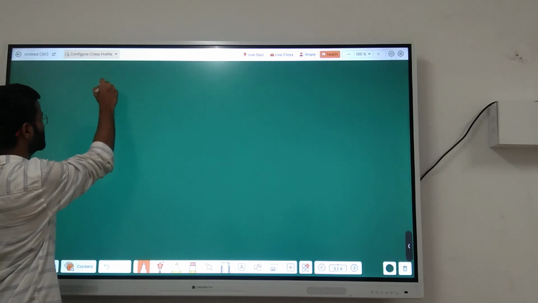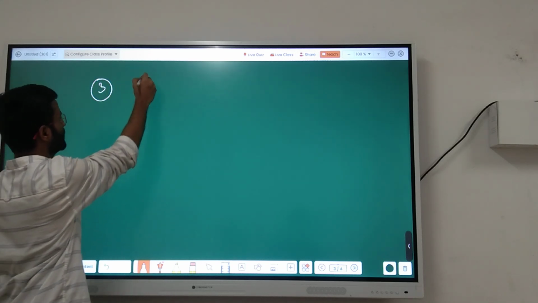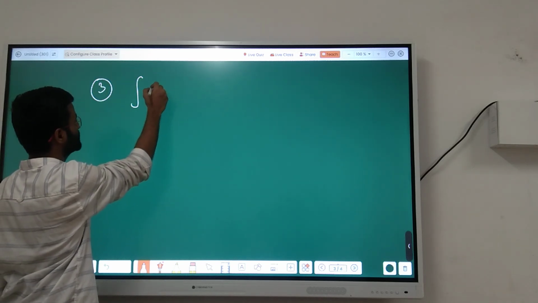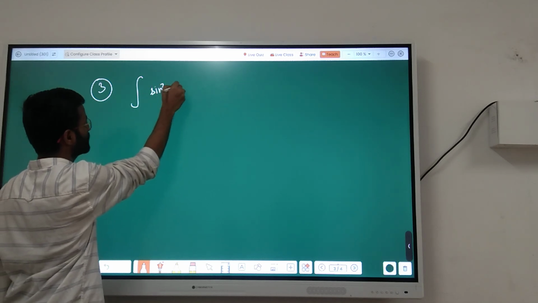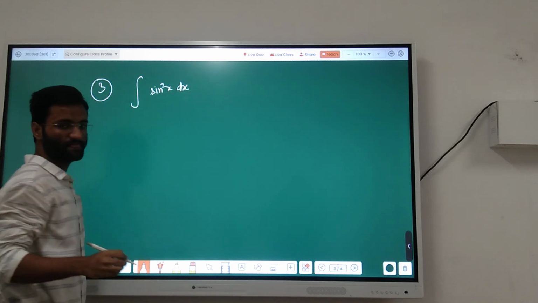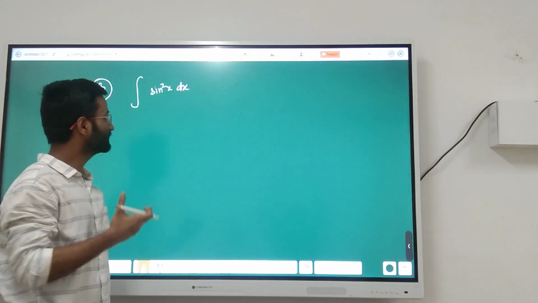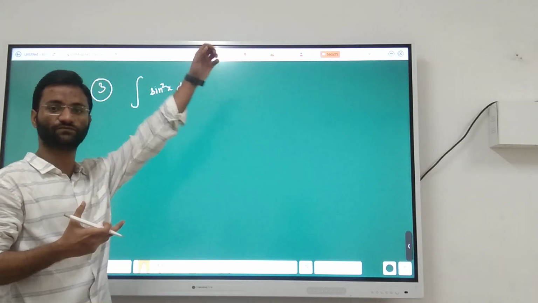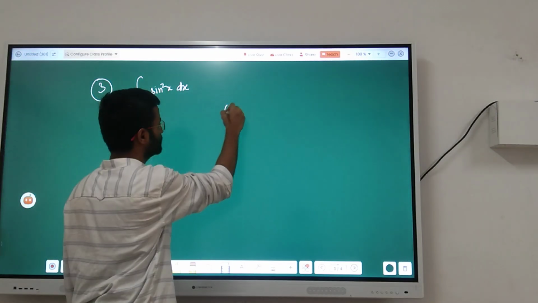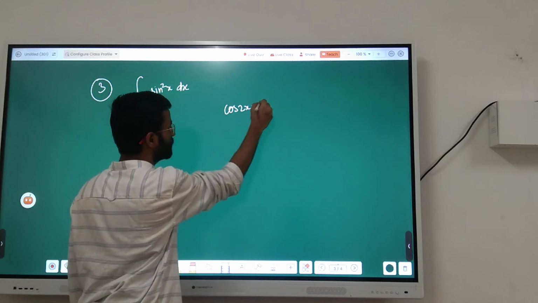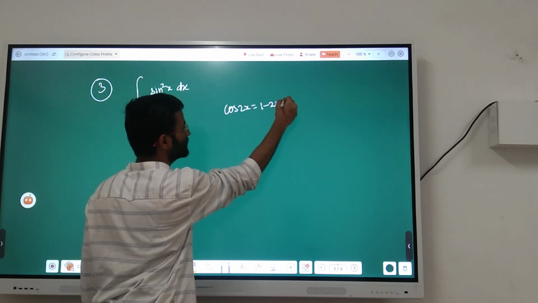Suppose I say the integration of sine square x dx. It is a little difficult, but we can discuss this also. To explain this, you know the formula cos 2x is equal to 1 minus 2 sine square x.